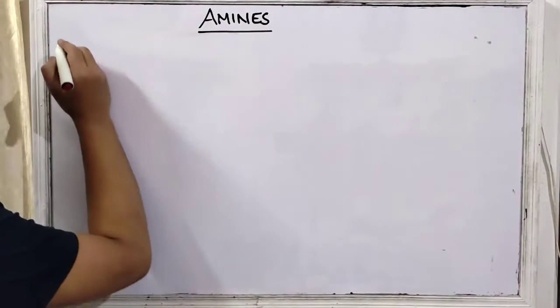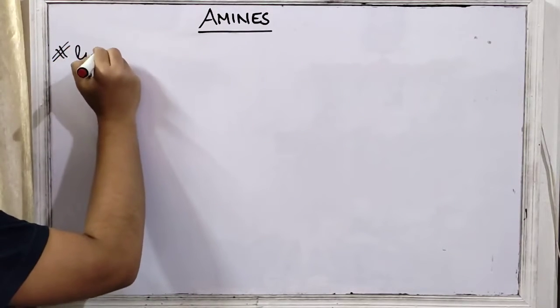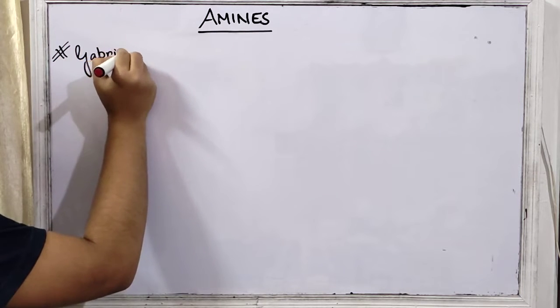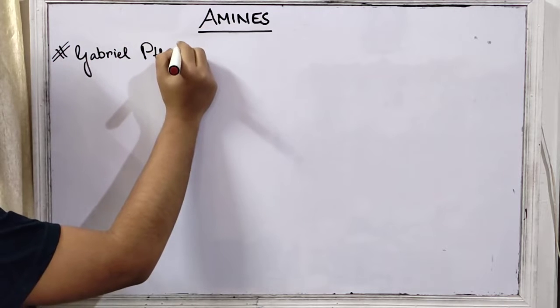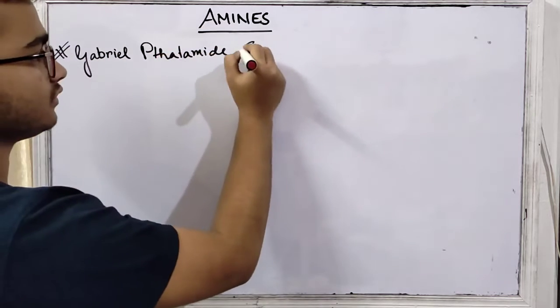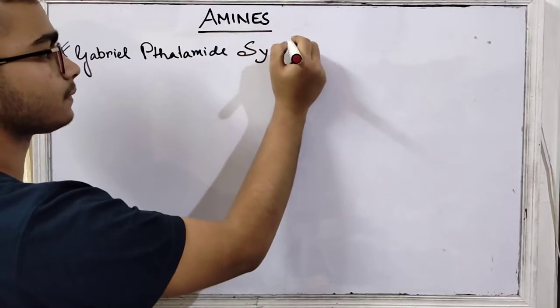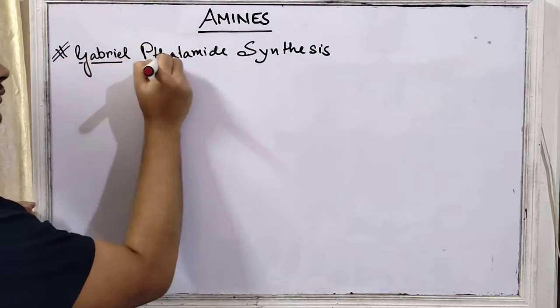So let us begin. Give the heading: Gabriel phthalimide synthesis. Now, this thing is very important for your exams.